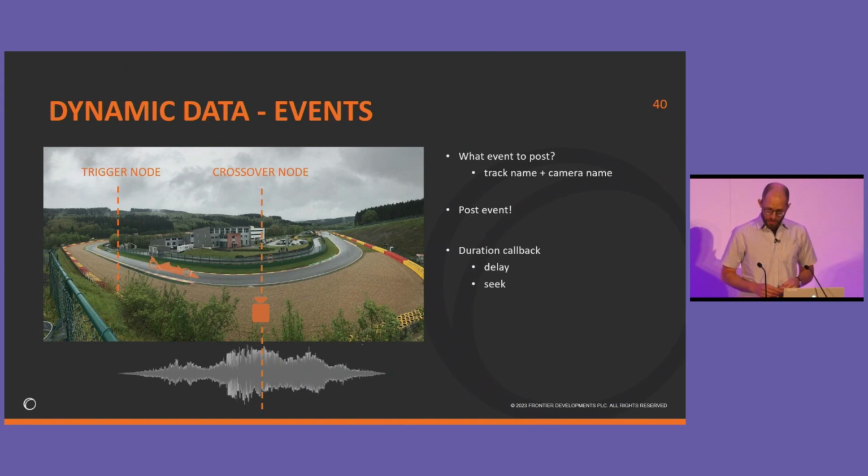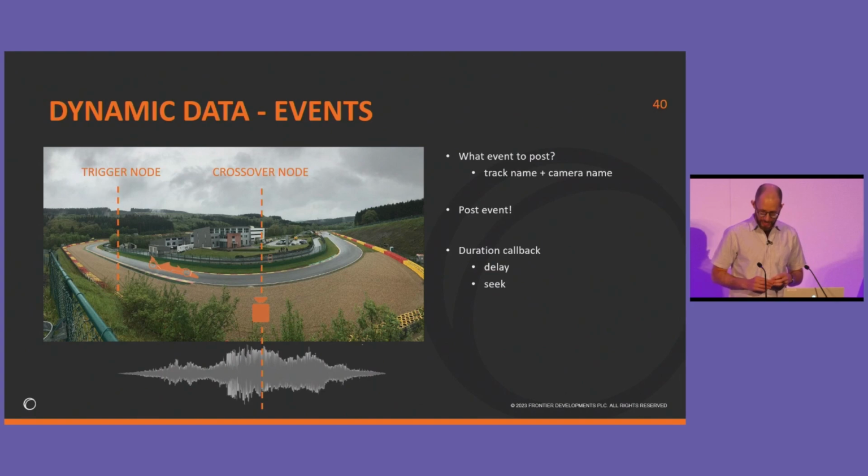Then we post the event on the emitter, as I said, and we sign up for the duration callback from Wise. And basically, we get this when Wise has picked the specific sample that it's going to play, and it can give us the duration of that sound and also some other custom properties. And we use these in the duration callback to basically calculate if the sample that we're playing needs to be delayed.